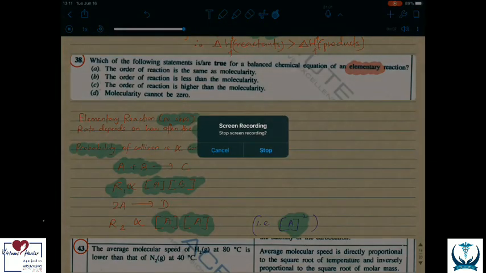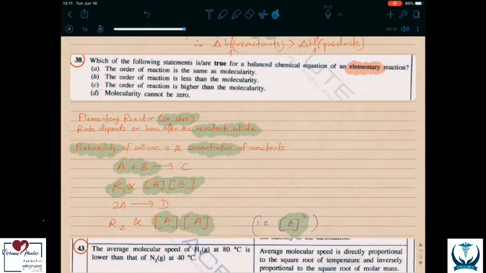This should make it clear that the order of reaction is the molecularity. It cannot be less than the molecularity because this is an elementary reaction. Neither can it be higher for the same reason. And the molecularity cannot be zero as well because in an elementary reaction, all the reactants play an equally important role in determining the rate of reaction.